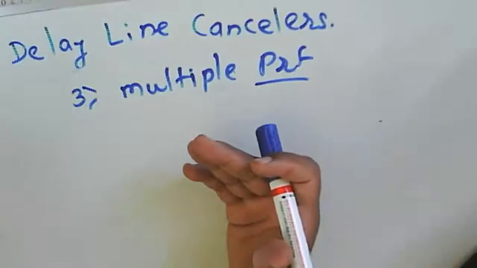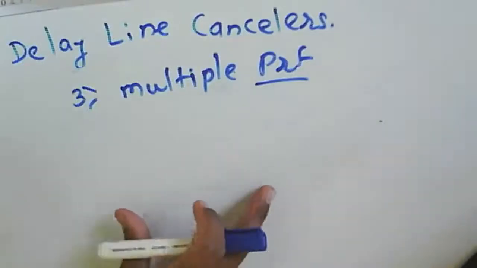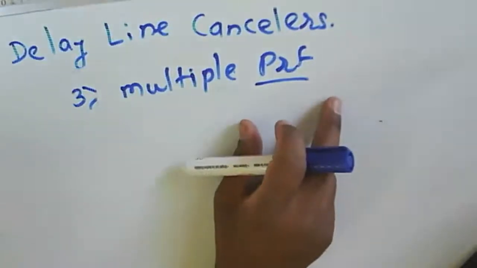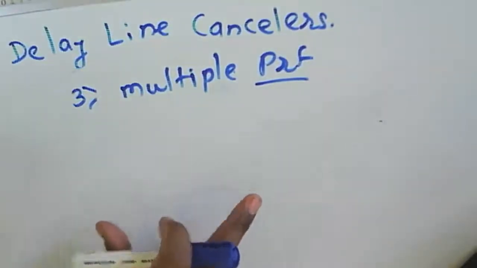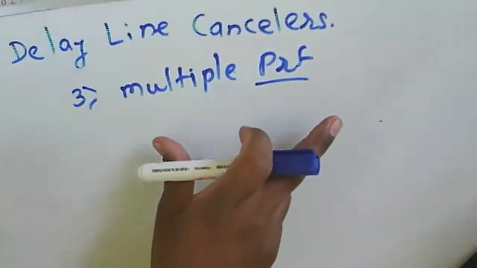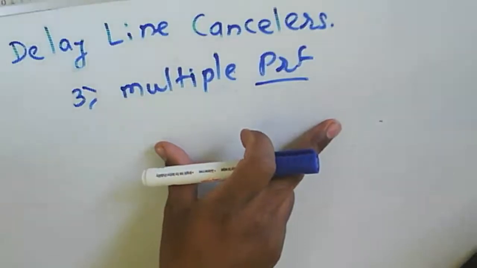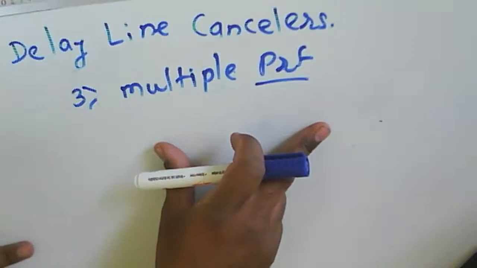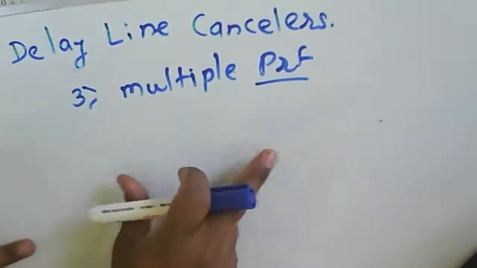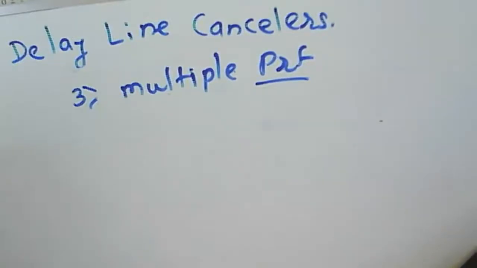Then again there is the issue of the maximum unambiguous range: we get clutter from the region beyond that range, and these multiple time around echoes from clutter cannot be cancelled. That is the disadvantage of multiple PRF.